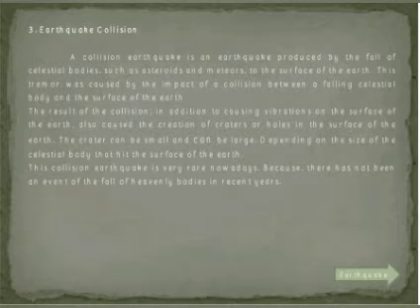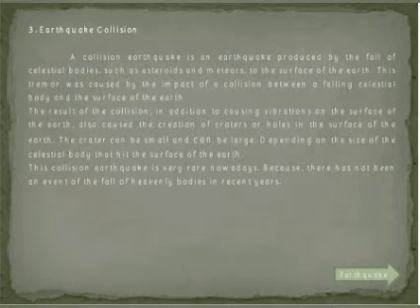The result of the collision, in addition to causing vibration on the surface of the Earth, also caused the creation of craters or holes in the surface of the Earth. The crater can be small and can be large, depending on the size of the celestial body that hit the surface of the Earth.